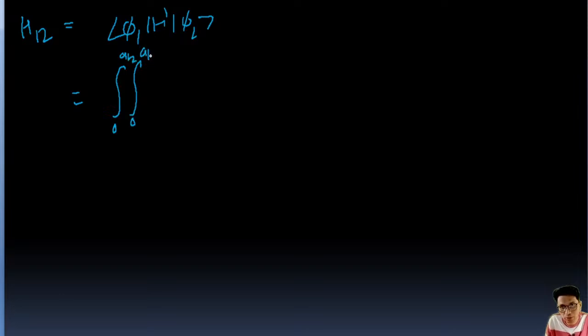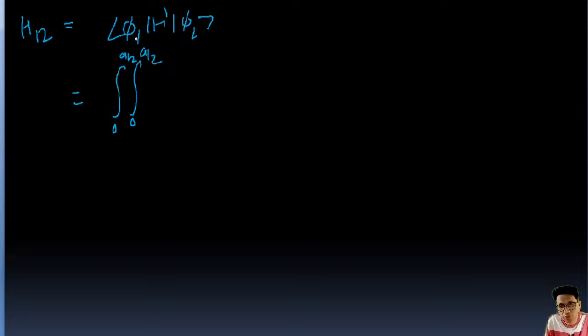h12, this is going to be phi 1 h dash phi 2, right? Here also we'll put the value. What is phi 1? We know. So this is again integration 0 to a by 2, 0 to a by 2.